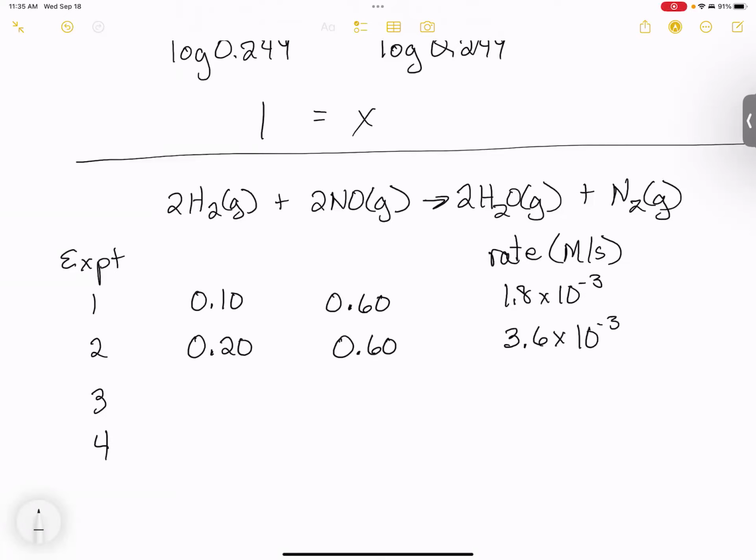In experiment 3, the hydrogen is going to be 0.60 and the nitrogen monoxide 0.10, and that's going to have a rate of 3.0 times 10 to the minus 4. And then finally, for experiment 4, the hydrogen is going to be 0.60, the nitrogen monoxide 0.20, and that has a rate of 1.2 times 10 to the minus 3.